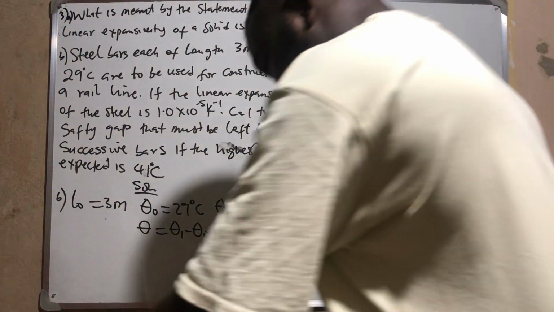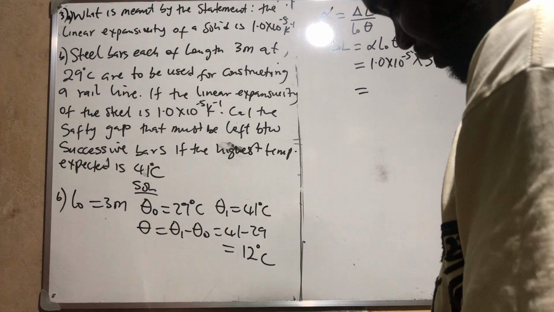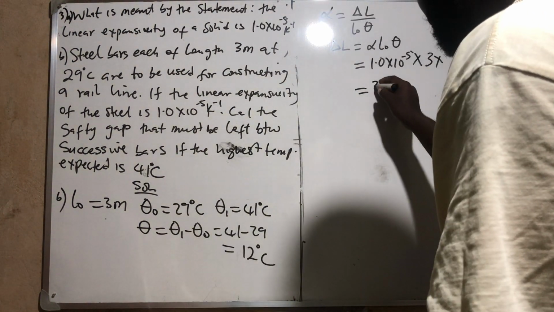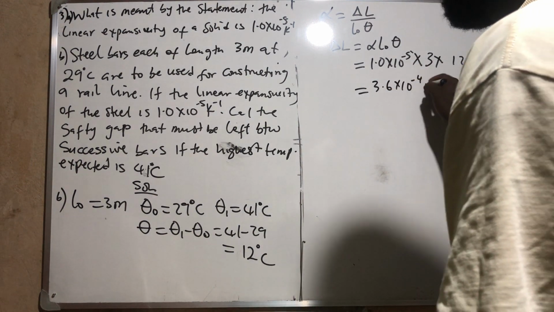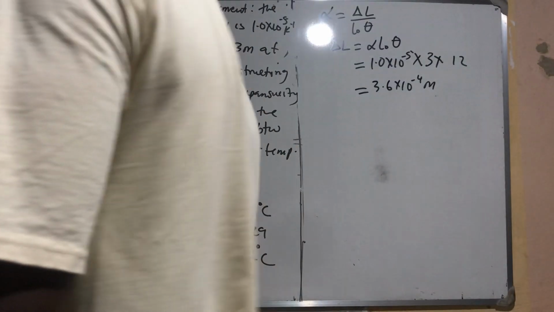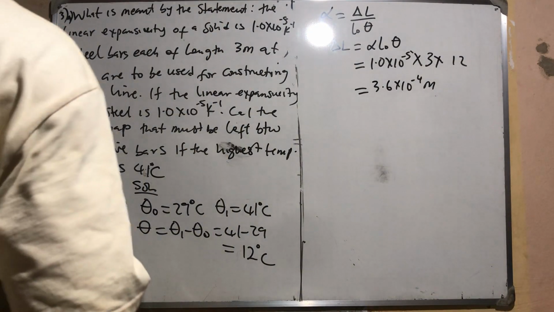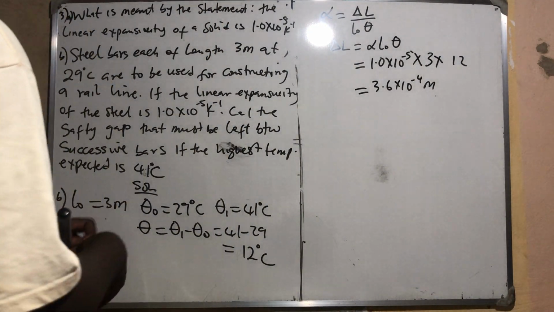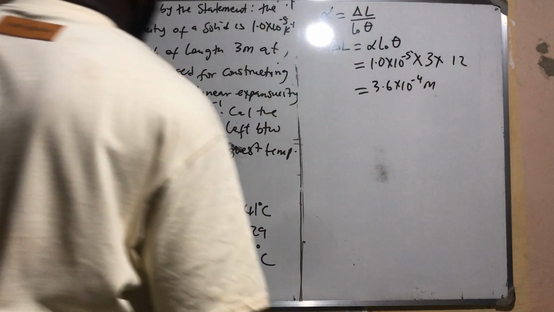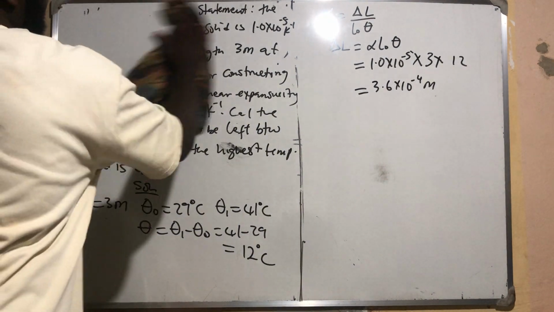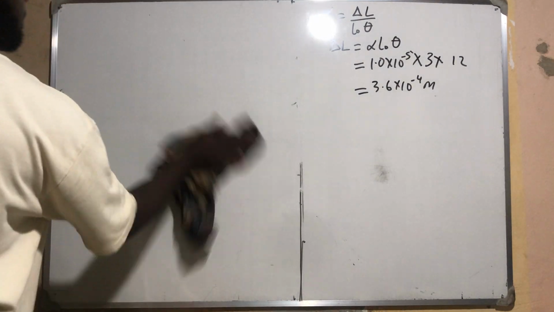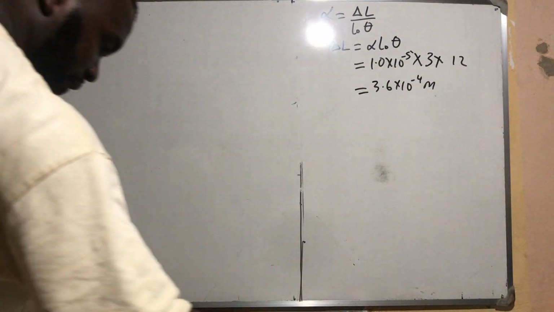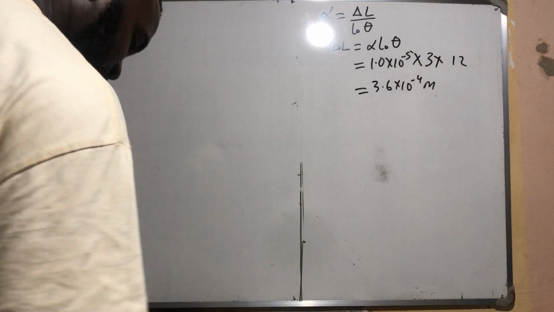If you calculate everything, you will have 3.6 times 10 raised power minus 4 meter. So the gap that should be given in between the bars is 3.6 times 10 raised power minus 4, in meters, because the other one was in meters, so you leave your answer in the same unit.